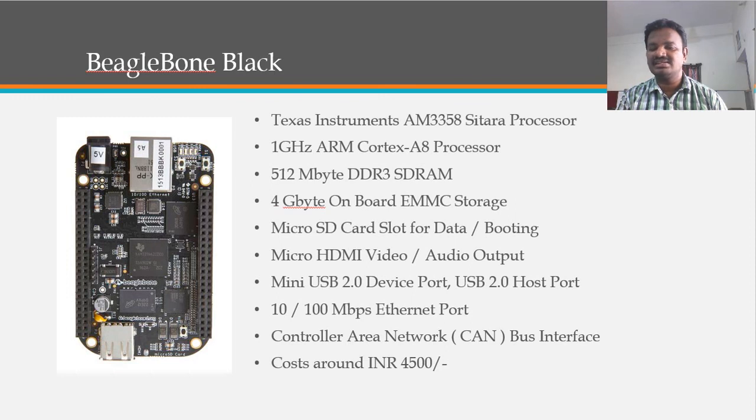It also has micro HDMI audio and video output, a mini USB 2.0, and a USB 2.0 device and host port, and a 10/100 megabits per second Ethernet port. It also has a controller area network, CAN bus interface, for automotive applications. This costs around 4,500 rupees, and you can start with different applications.